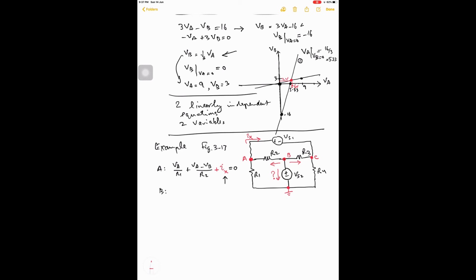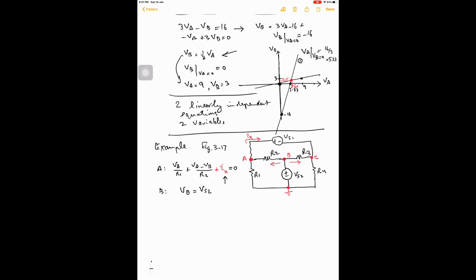We see that this voltage source appears between node B and the ground node. Therefore, VB, the voltage at node B with respect to ground, is equal to VS2, as the voltage source is connected across node B and the ground node.